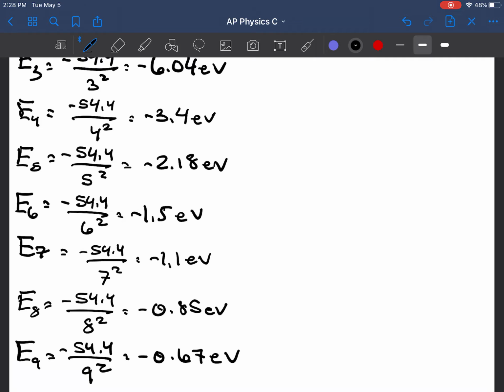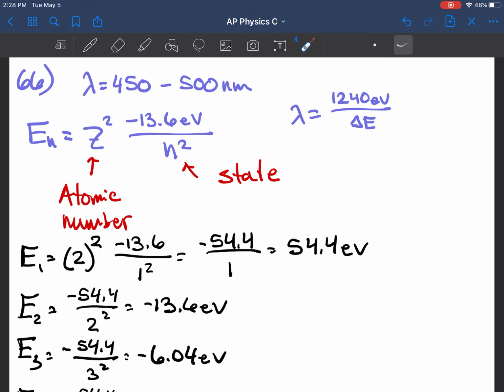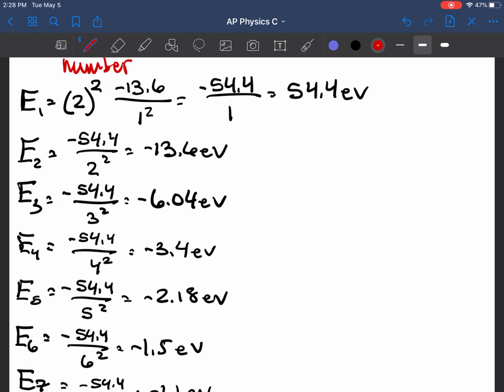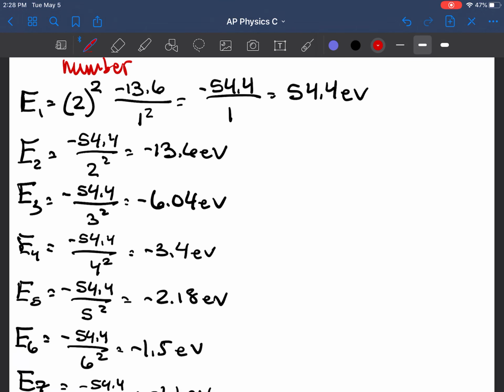Now, once we've gone through all nine of them, what we want to do is figure out what energy drop, or change in state, will give us a wavelength of 450 to 500. I'll call this part B. If we take that second equation, delta E is equal to 1240 over lambda.